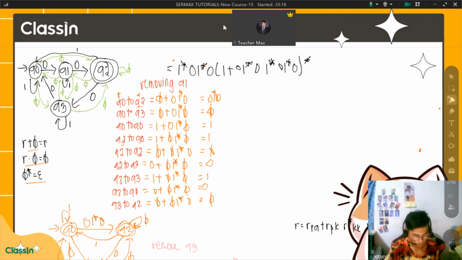So we do have 1 star. So first 1 star, yes, that is correct. So we also do have 0, 1 star and 0. So we have 0 and 1 star and 0 accepted. So it could be 1 star, yes, then 0 and then 1 star and 0.